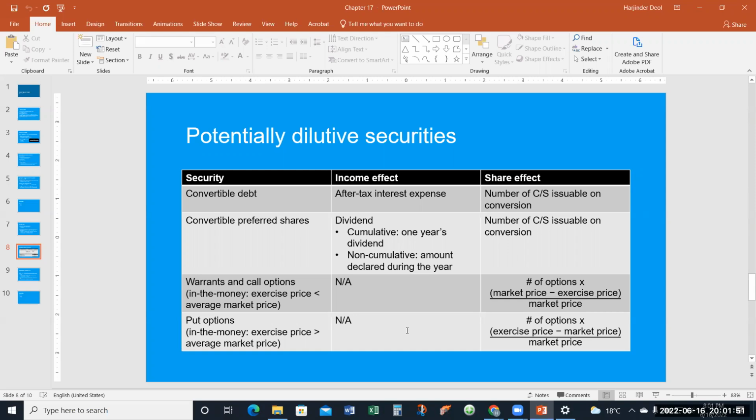And we use something called the treasury method. Okay, the calculation, I'm not going to get into too many intricacies here about the explanation.